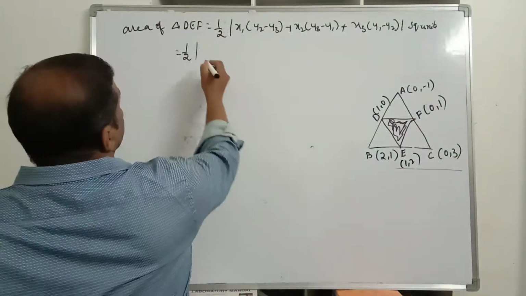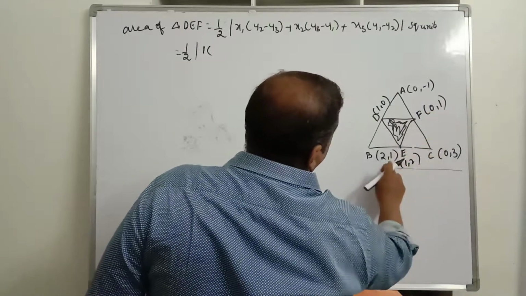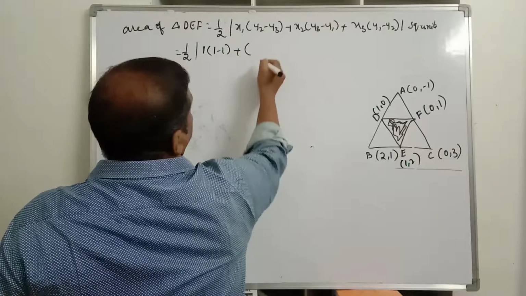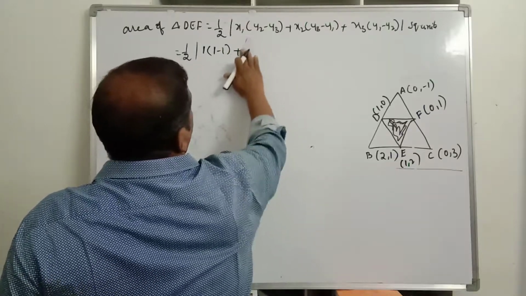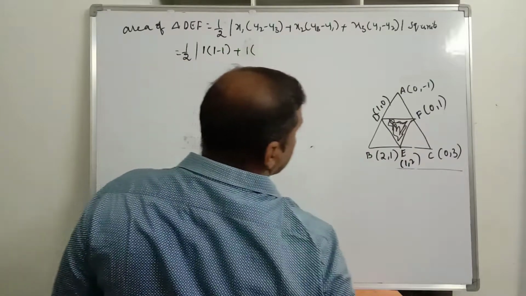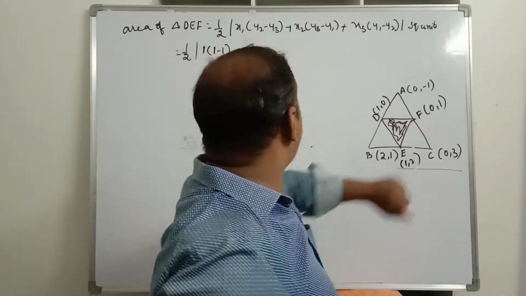Now x1 is equal to 1, into (y2 minus y3), that is 1 minus 1, plus x2, here x2 is equal to 1. First we will discuss DEF.